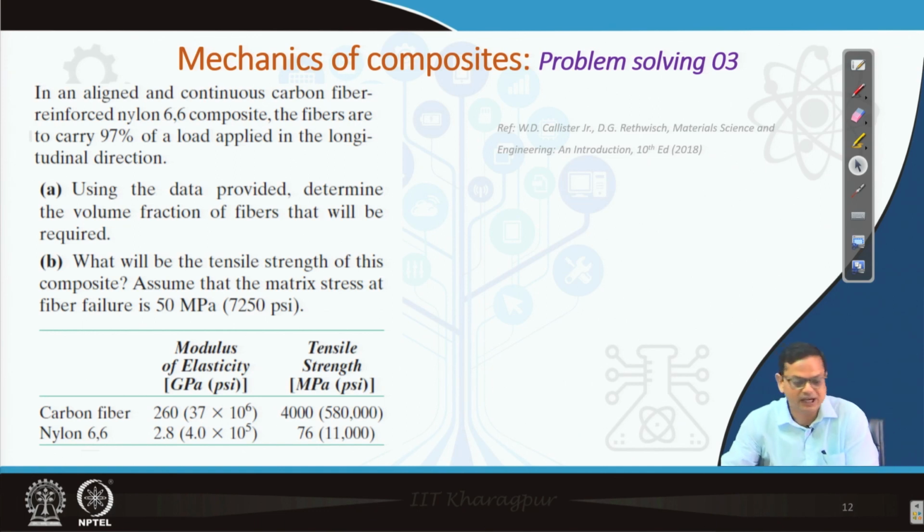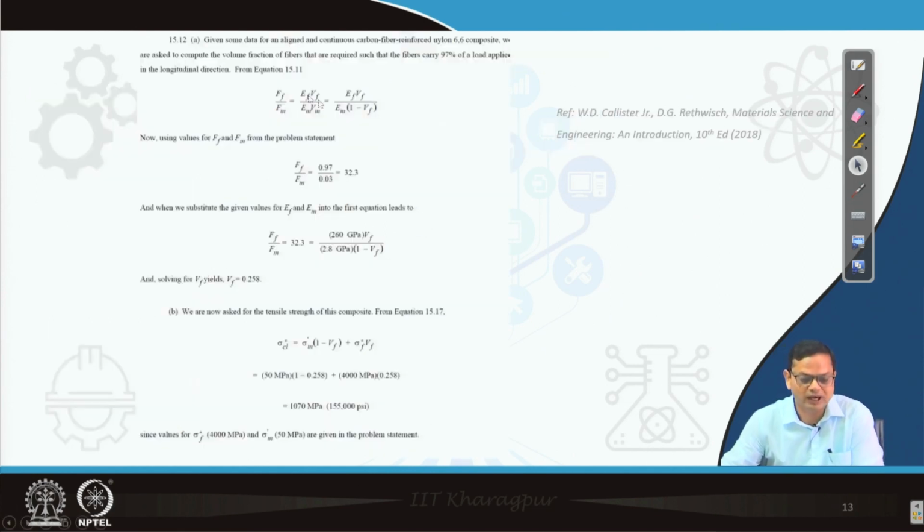So, what has been done here, let me show you. Ultimately, FF over FM is equal to EF VF over EM VM, and then EF VF over EM into 1 minus VF.